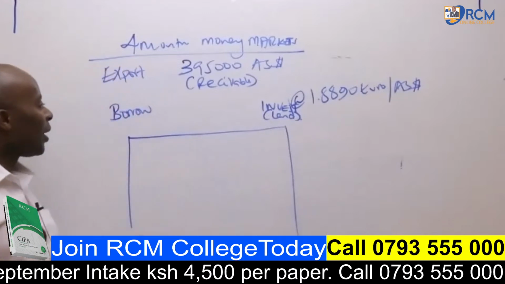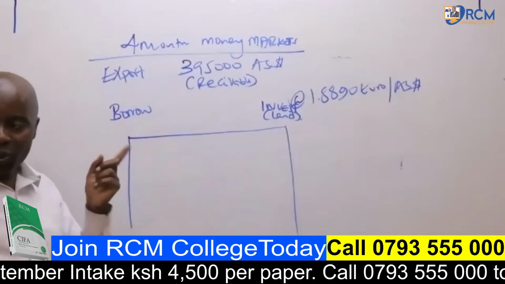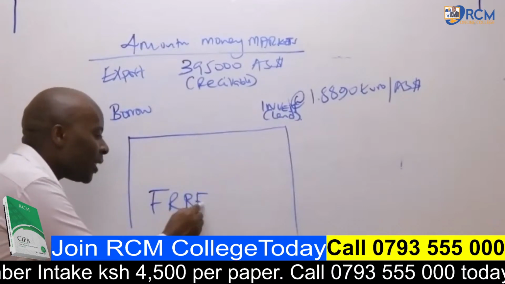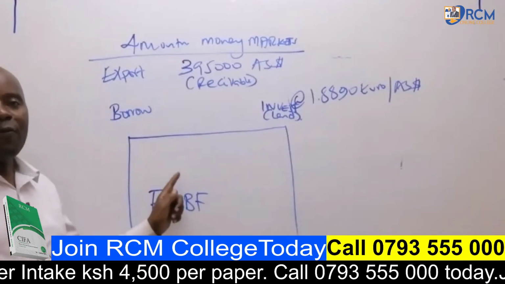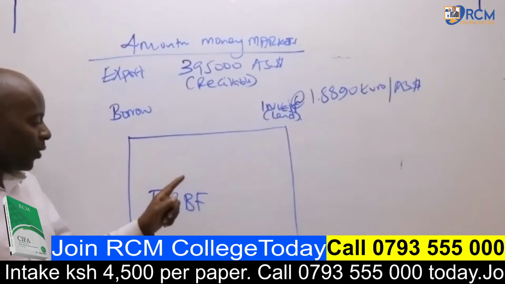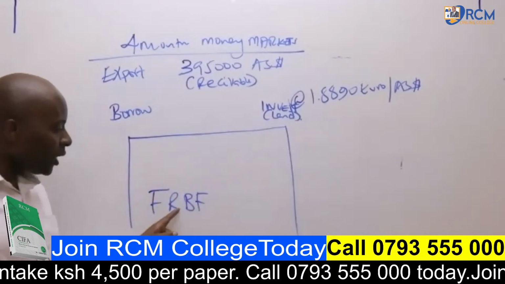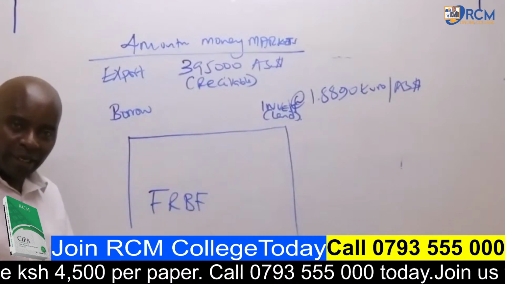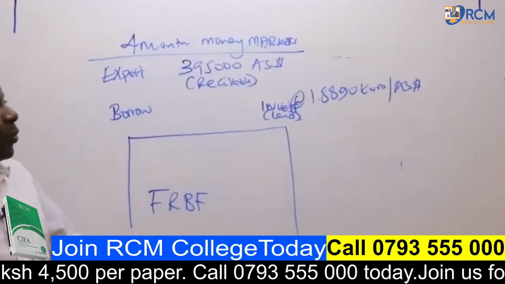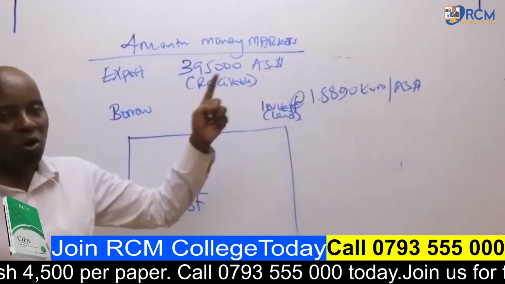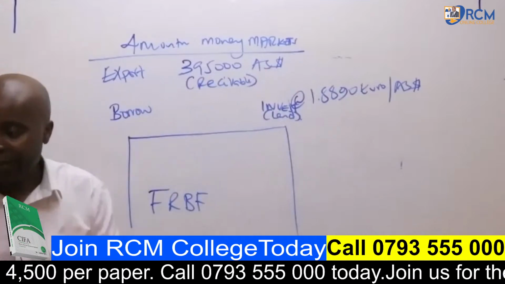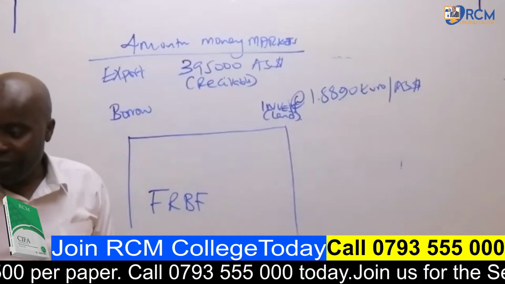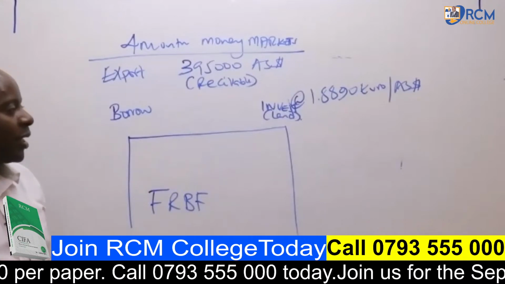Now, ladies and gentlemen, what are we borrowing here? Remember our rule: foreign receipt, borrow foreign. We have two currencies involved, the euro and the Australian dollar. Between the two, which one is foreign? Great.